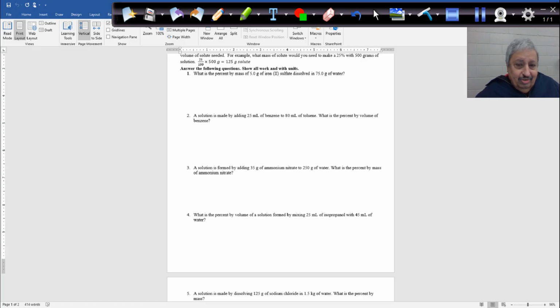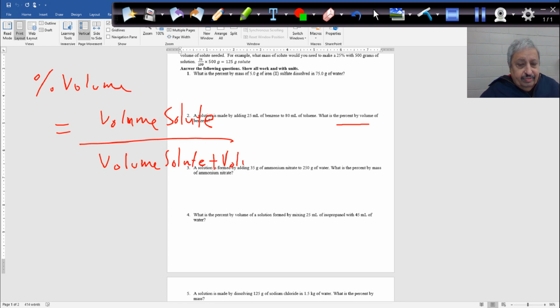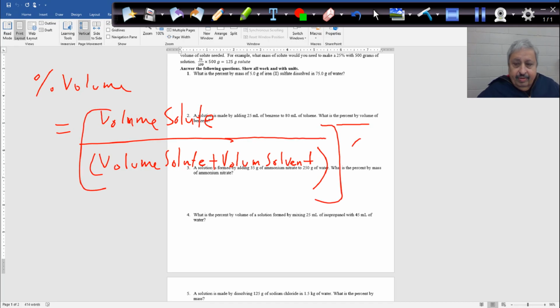So now look at this. What is the percent by volume? Percent by volume is the volume of the solute divided by the volume of the solute plus the volume of the solvent, multiplied by 100.